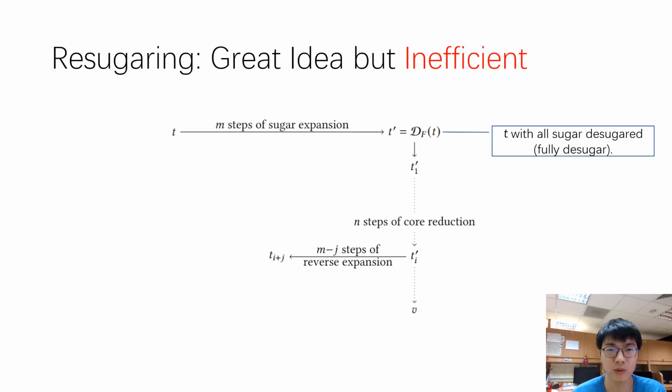Is this avoidable? Our answer is yes. By lazy desugaring, the overall execution will be m plus n steps to get the same evaluation sequence as resugaring.